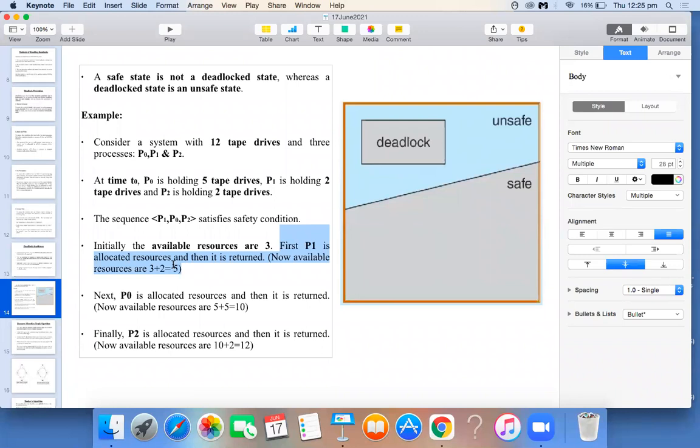Next, according to the sequence, the next process is P0. How many resources is P0 holding here? 5 resources, correct? You can see. So 5 resources are allocated to P0. After the completion of process P0, it will also release the 5 resources. Now observe this.